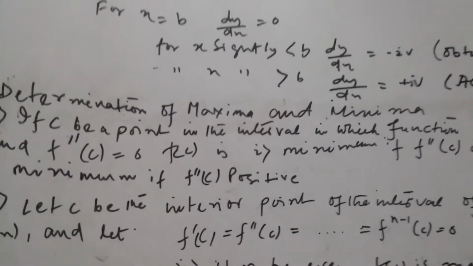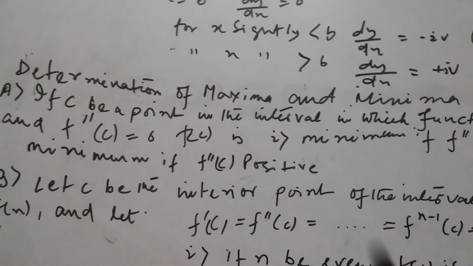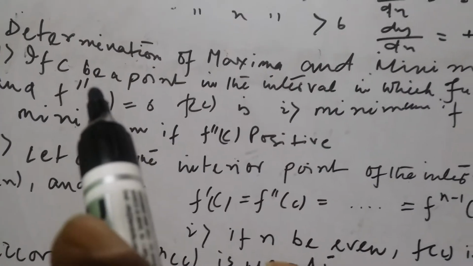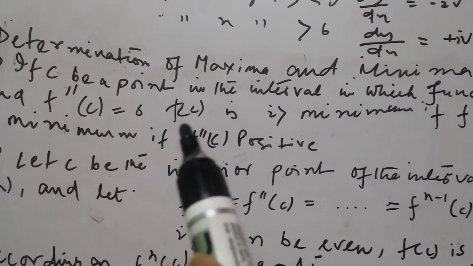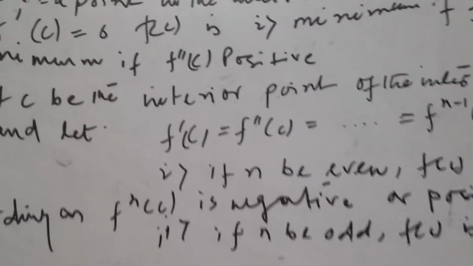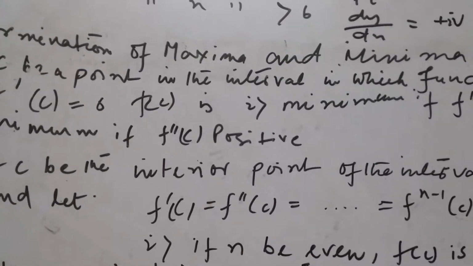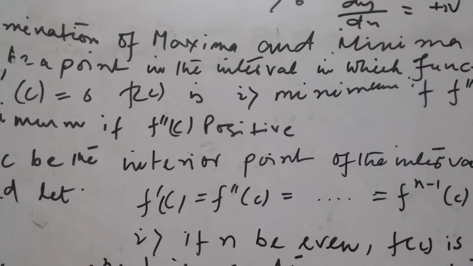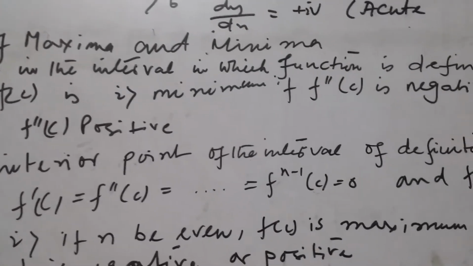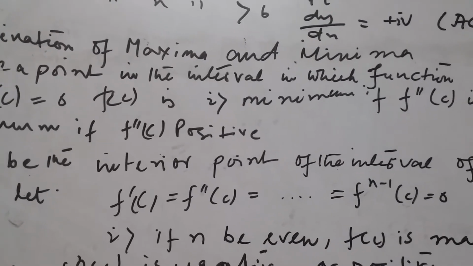So how do you determine maximum and minimum? If c is a point in the interval in which a function is defined, then f dash c equal to 0, and f(c) is minimum when f double dash is positive, and if f double dash is negative, then f(c) is maximum.